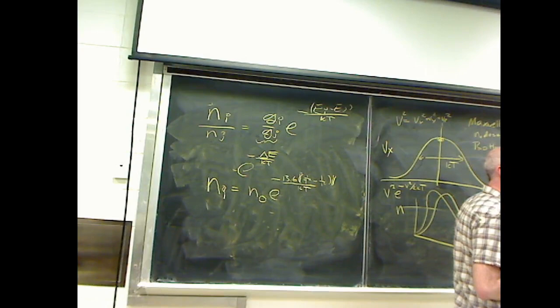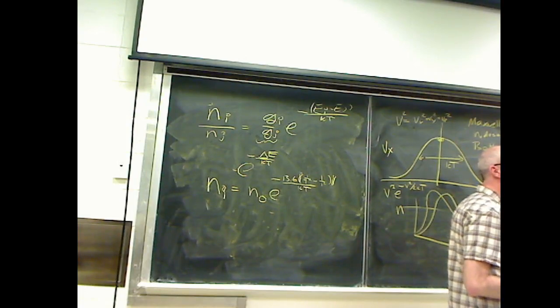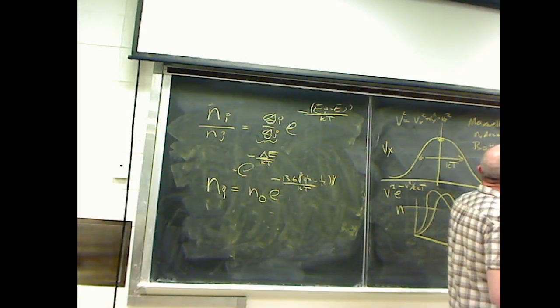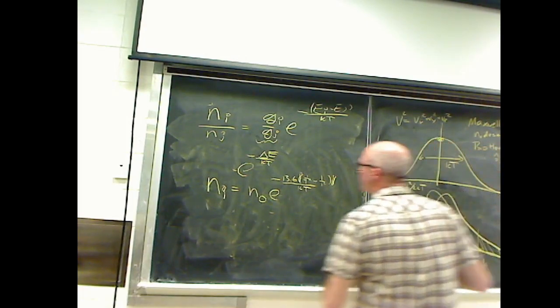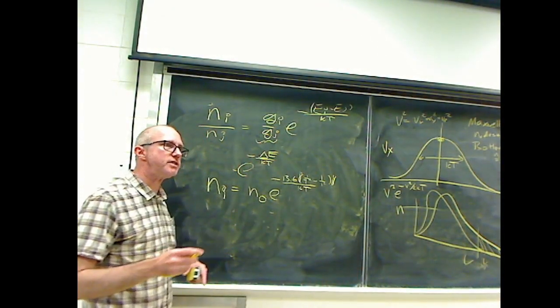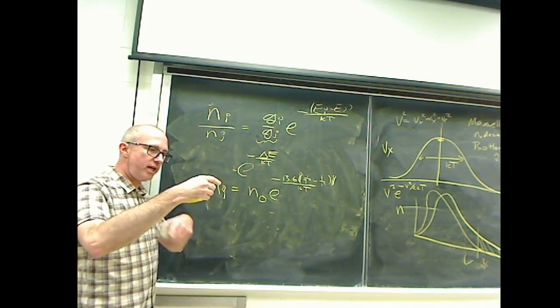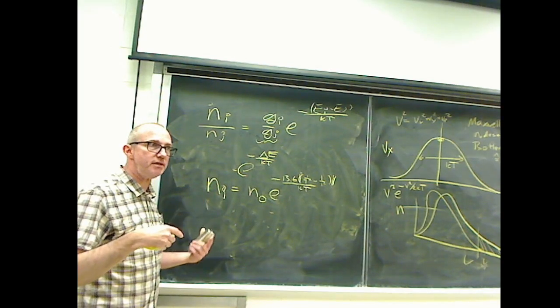You have a question? Yeah, because in the textbook, I'm pretty sure they were talking about probabilities. Now, what does that have to do with the degeneracy? Probability is counting. So if I want the number of states relative to the other one, that's just the probability of being in that state.